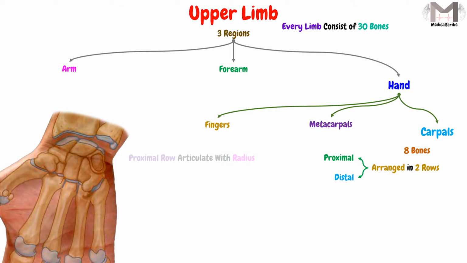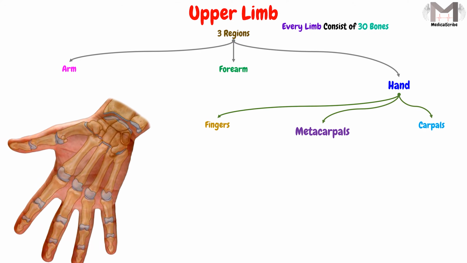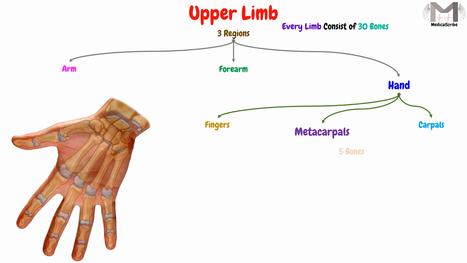The proximal row will articulate with the radius in the wrist joint, while the distal row will articulate with the metacarpal bones. After the carpals, we have the metacarpals. Those metacarpals are 5 bones found in the middle area of the hand, and they form the palm of the hand. Those metacarpal bones will articulate from below with the fingers.